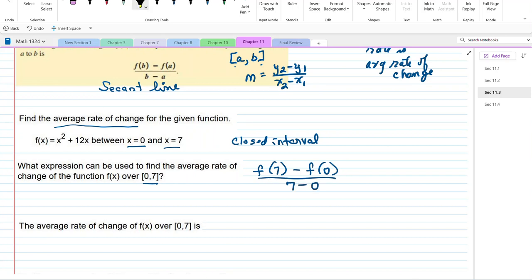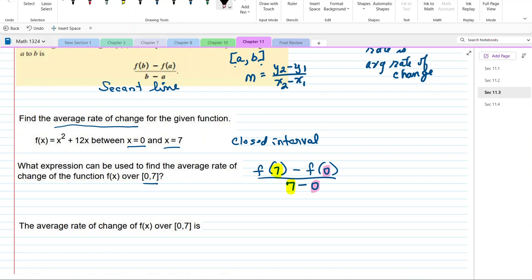So you can see that we have the value of x from the destination to the value of x at the origin. So that would be how the function states. So we want to find this average rate of change.